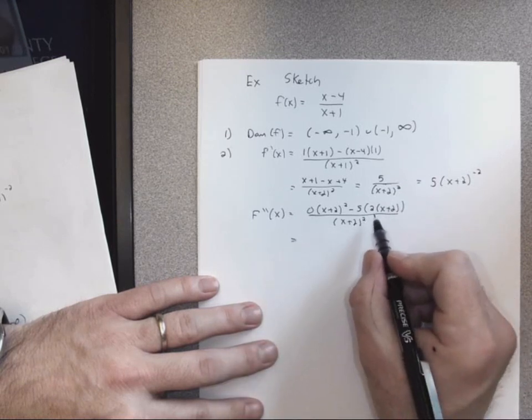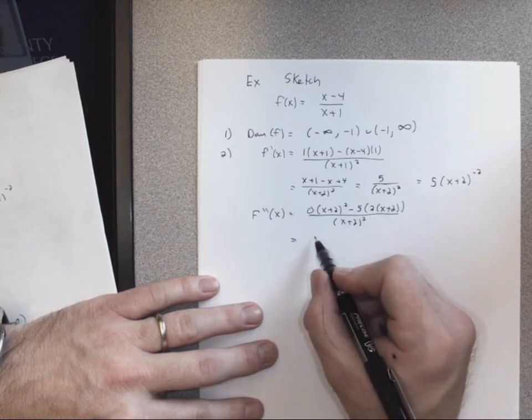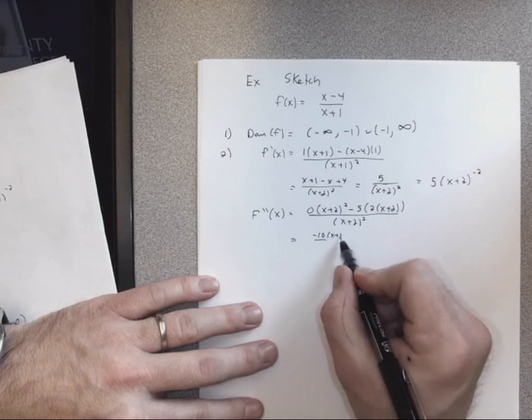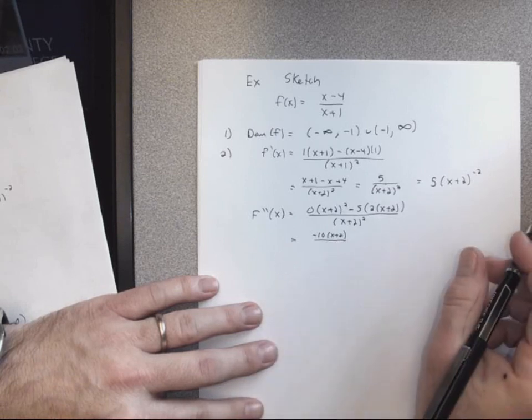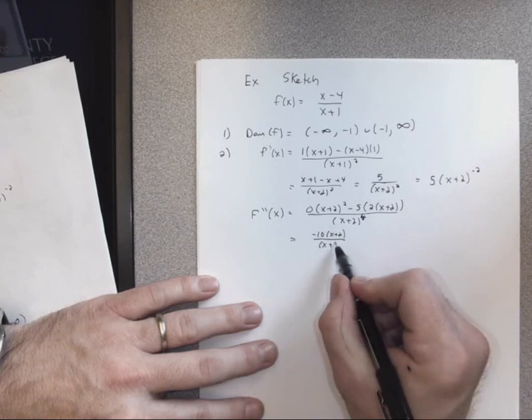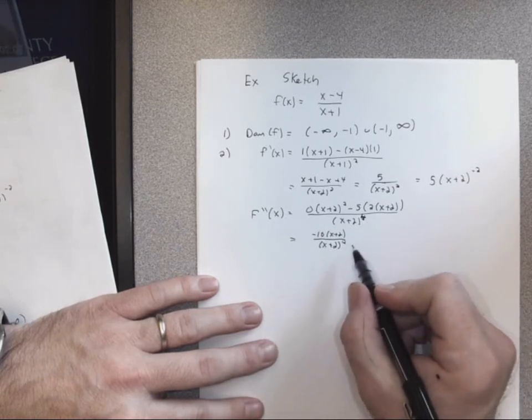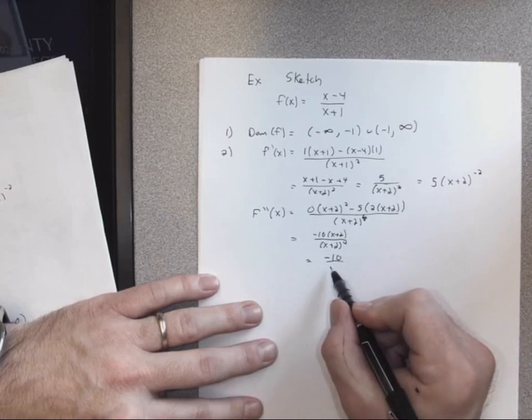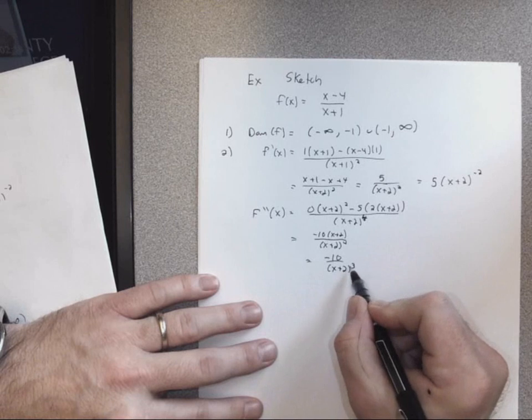So this is going to be equal to minus 10 times x plus 1, bottom squared, that should be 4, all over x plus 1 to the 4th. So this is going to simplify to minus 10 all over x plus 1 cubed.